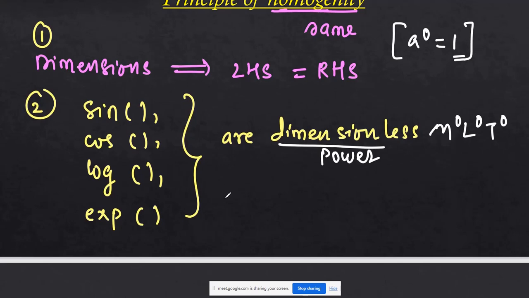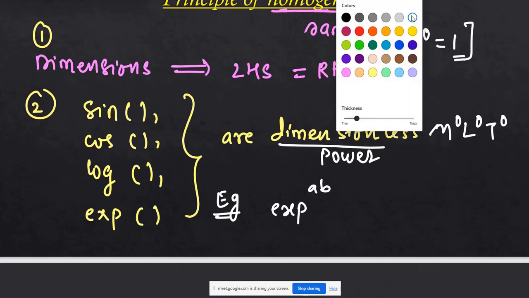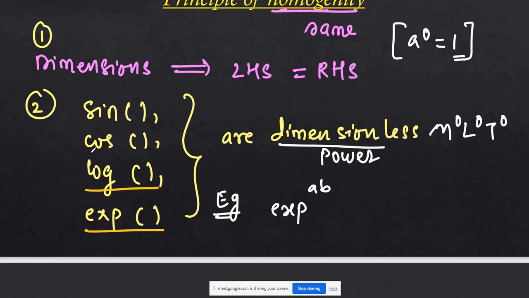So for example, I'll take one example, exponential of AB. What is the second principle in homogeneity? Exponential values, logarithmic values, cos values, sine values, all are dimensionless. The example I have considered is an exponential function. So this is dimensionless, right?